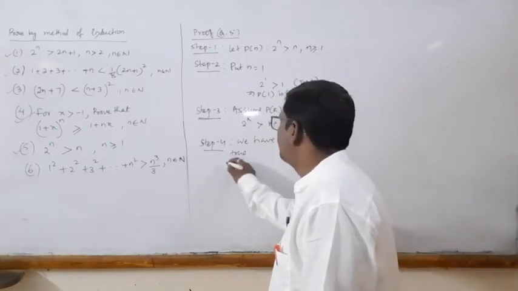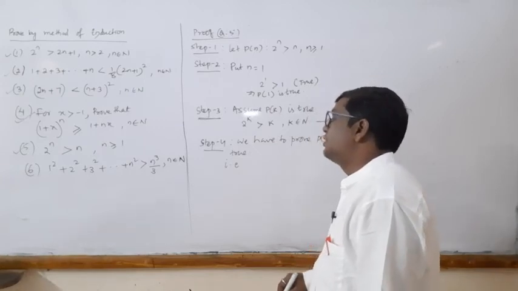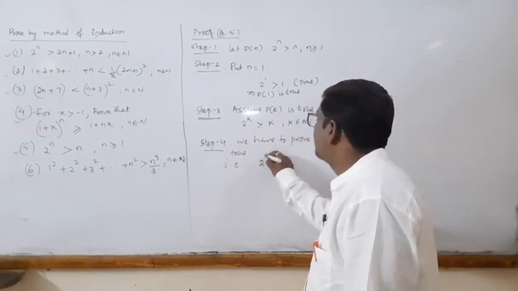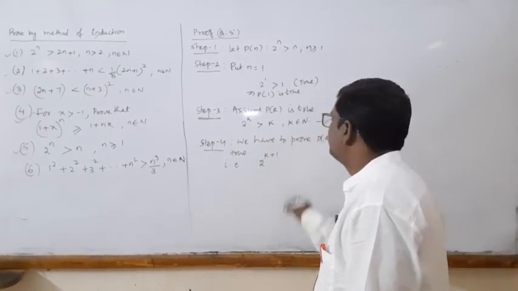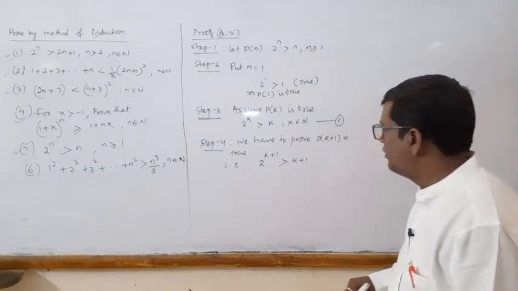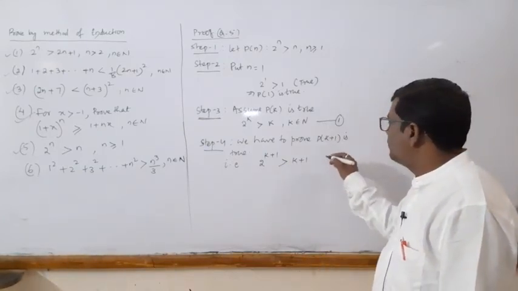That is 2 to the power k plus 1 greater than k plus 1. This is the aim to prove.